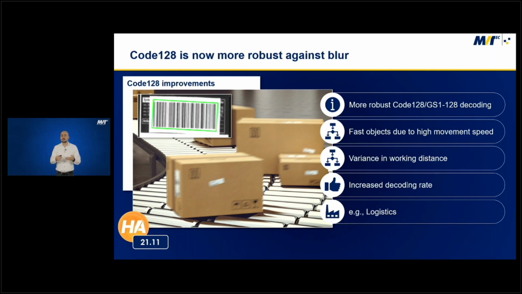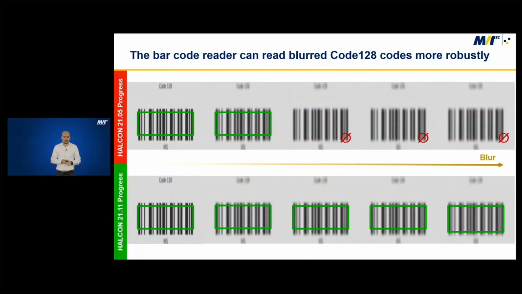Due to this, you can also get quite a lot of blur inside the image. So especially for this scenario, we increased the decoding rate for the code 128 reader, and made it more robust and more stable in case you get blur inside the image.